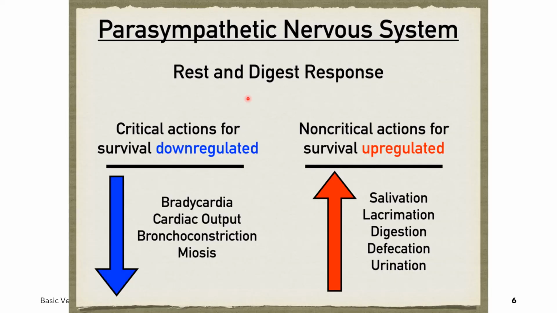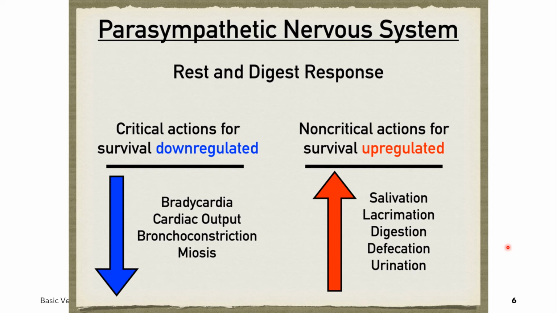The parasympathetic nervous system comprises all the responses that occur when the body is at rest and is commonly referred to as the rest and digest state. It ramps up all the bodily functions that are not necessary for immediate survival, while downregulating all the actions that are critical for survival.